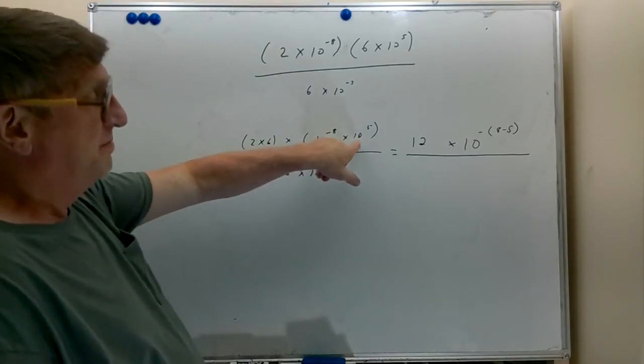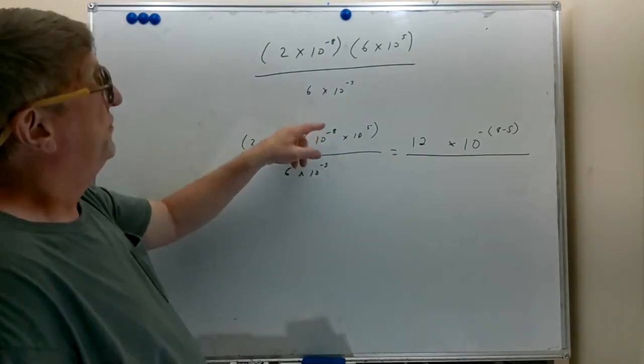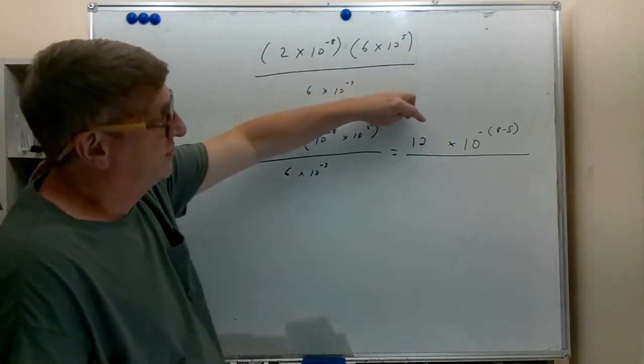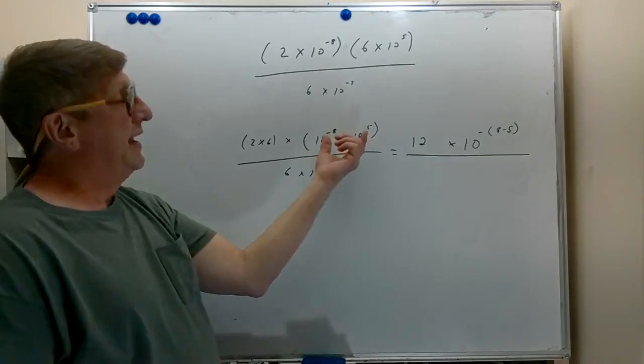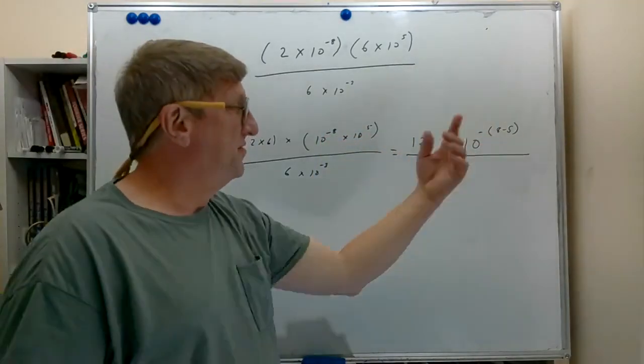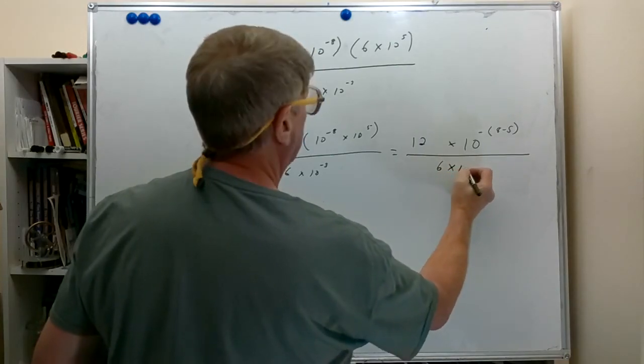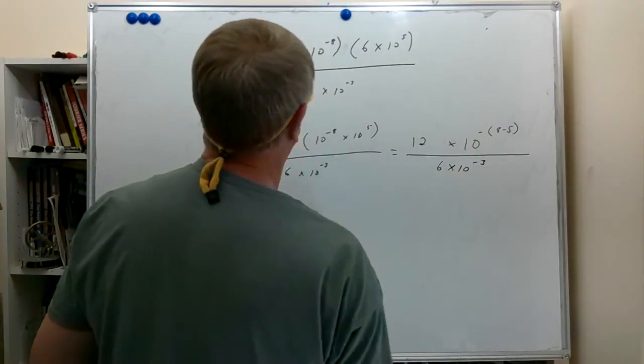So we kept the same base, the 10. We've used the sign of the exponent with the largest magnitude, which we put right there. We put the actual subtraction into the parentheses. We haven't done anything with the denominator yet, so we'll carry that forward here.